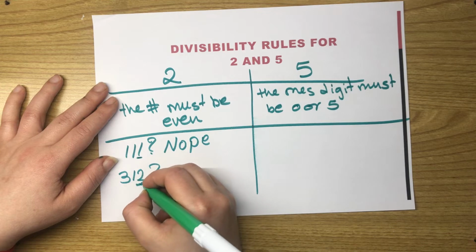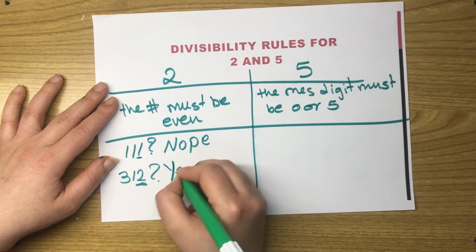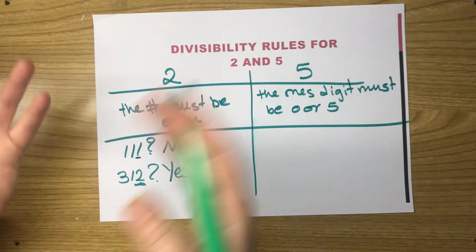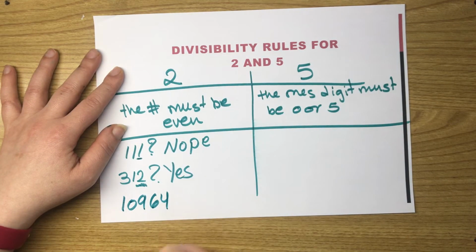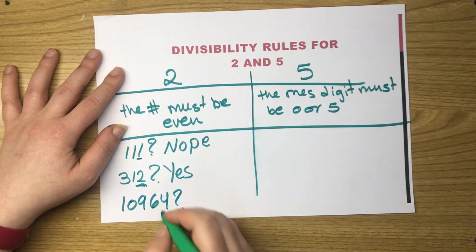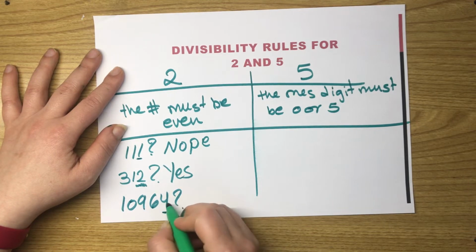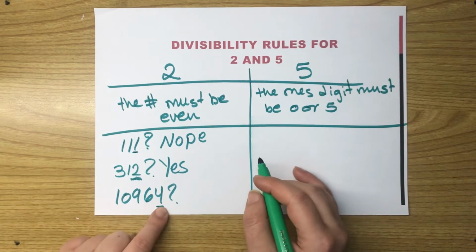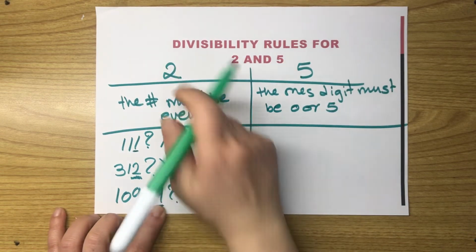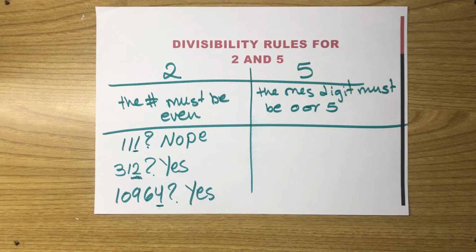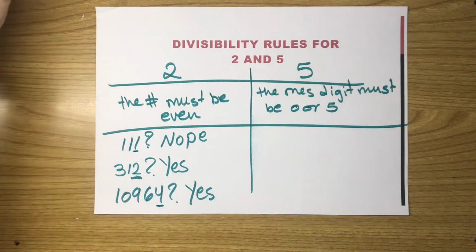Yes, because 2 is an even number. Another example. 10,964. Is it divisible by 2? Look only at the ones digit. As long as the ones digit is an even number, yes, it is divisible by 2.